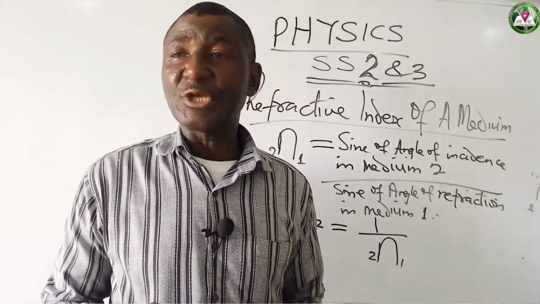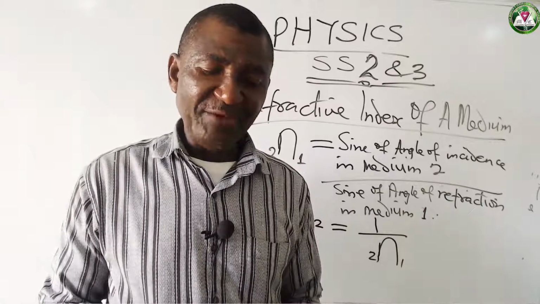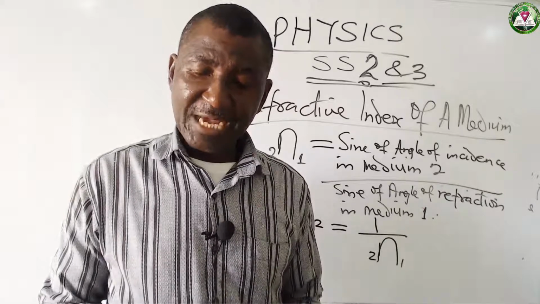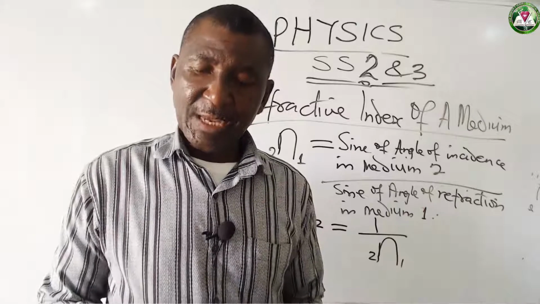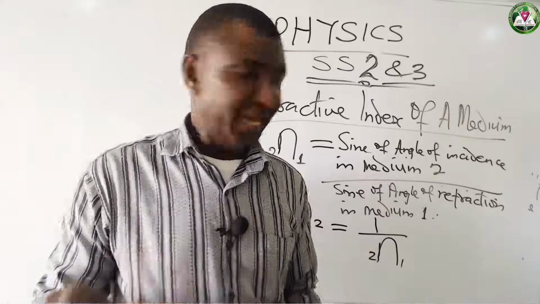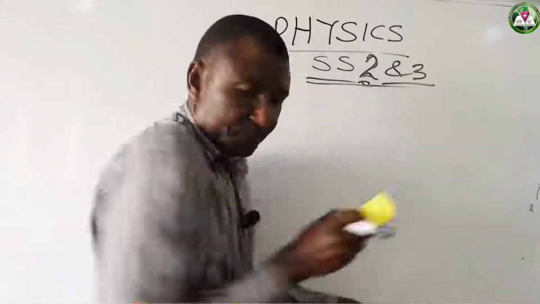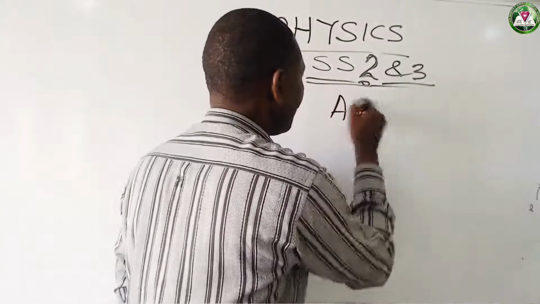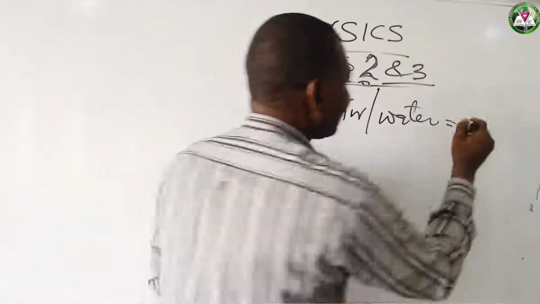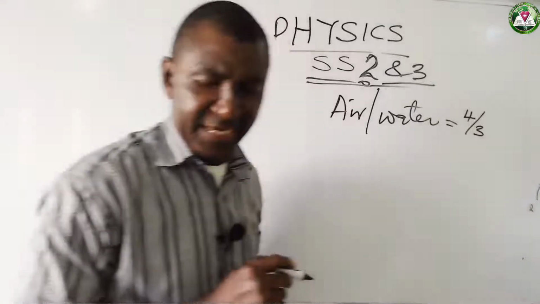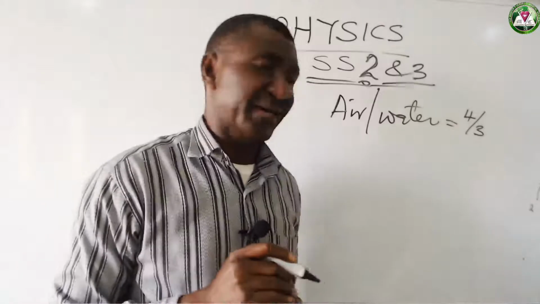The angle of incidence of light traveling from air to water is 30 degrees, and the refractive index of air to water is given as 4/3. Calculate the angle of refraction.